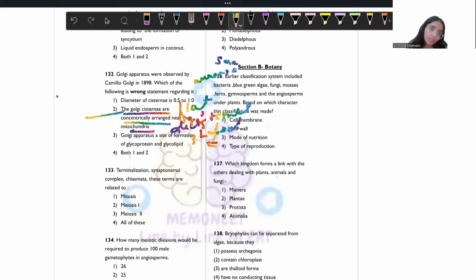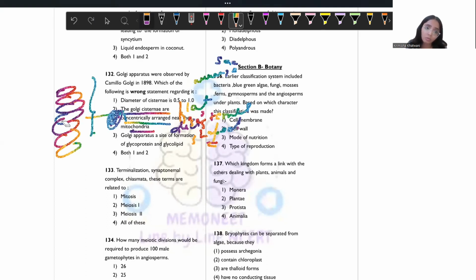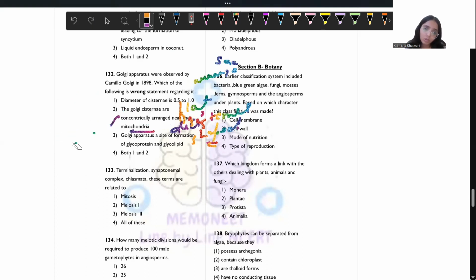So disc shaped cisternae are arranged like a sac, like this. They're not concentrically arranged. It's wrong. So the answer is option 2 for question 132.